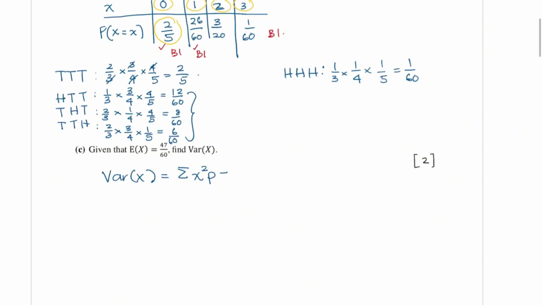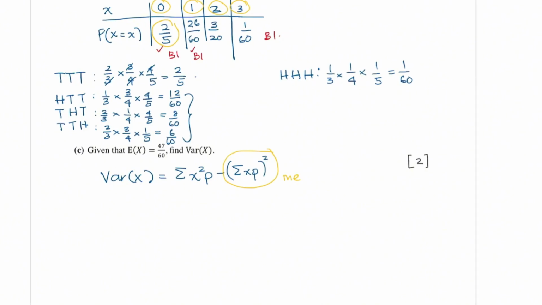The mean is basically the summation of x times p. This one is before you square the x. You just straight away multiply with the probability, and this value should be squared. Remember I mentioned to you that summation of xp is just the mean, or can be written as E(X), which in our situation is given to us.